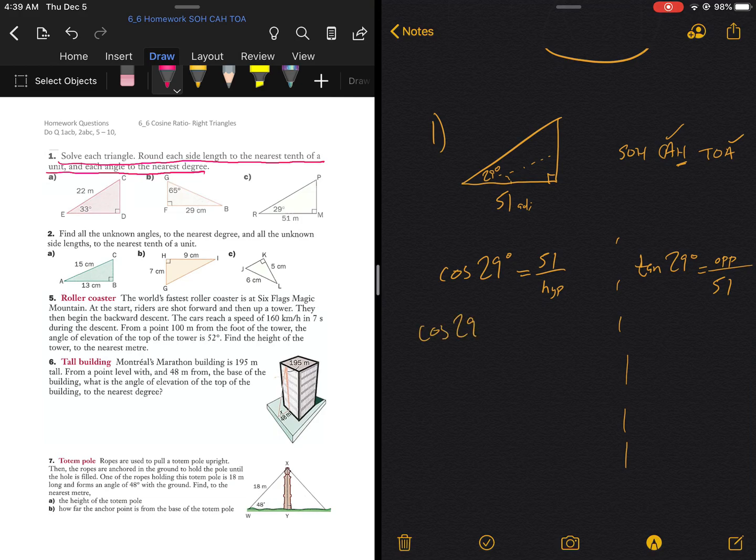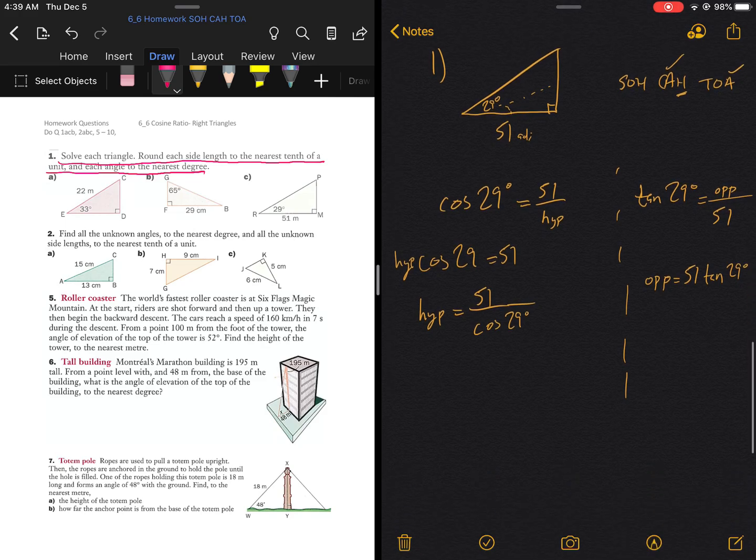There's two equations. So cos of 29 times hypotenuse equals 51. Divide, hypotenuse equals 51 over cos of 29 degrees. And opposite equals 51 times tan of 29 degrees. Oh, we're doing both quickly.